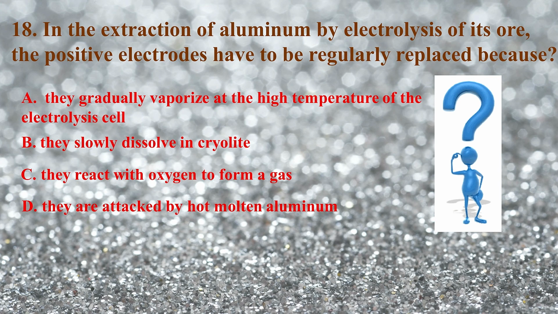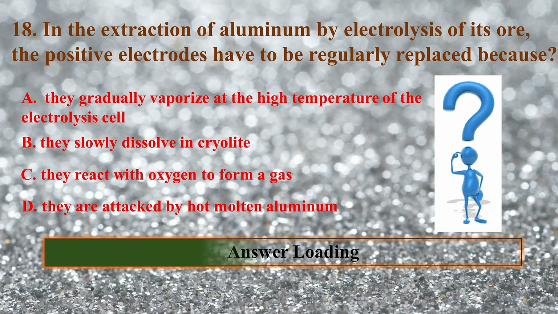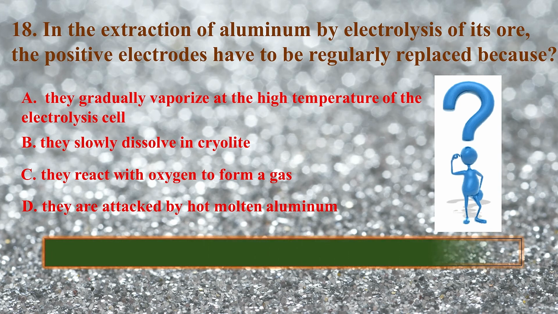And D, they are attacked by hot molten alumina. Your time starts now. So the correct answer is C, they react with oxygen to form a gas, that is carbon dioxide. Therefore they will be used up and gradually have to be replaced.